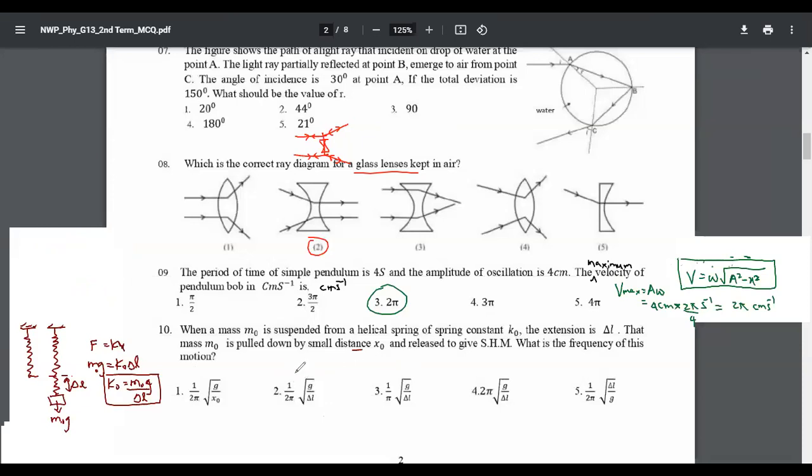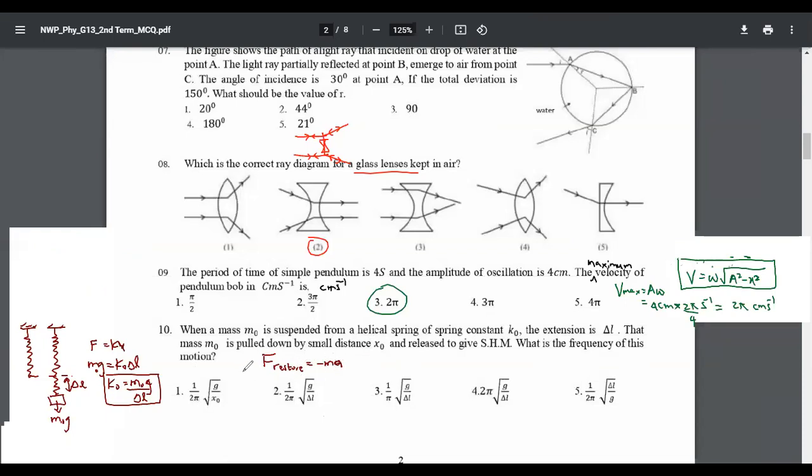When it comes to simple harmonic motion, there is a force called the restoring force. Restoring force is equal to what? Minus ma. That is where we start. The restoring force is taken as minus ma when you apply F equals ma.